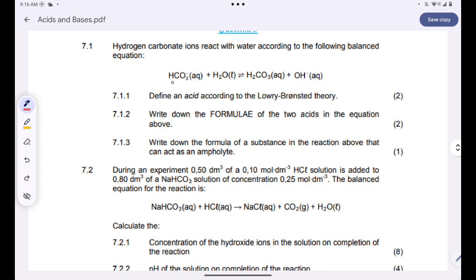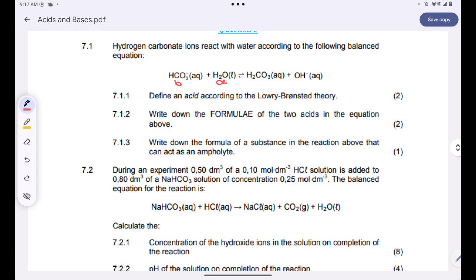So this guy is a base because it accepted a proton. Are we together? But let's look at the water molecules. H2O became OH minus by giving away a proton. So that means H2O is an acid.